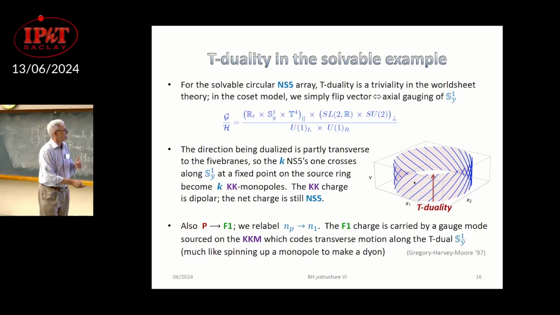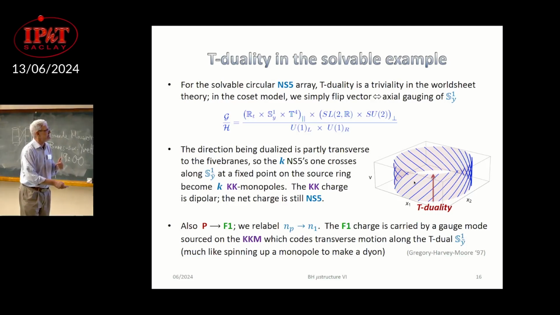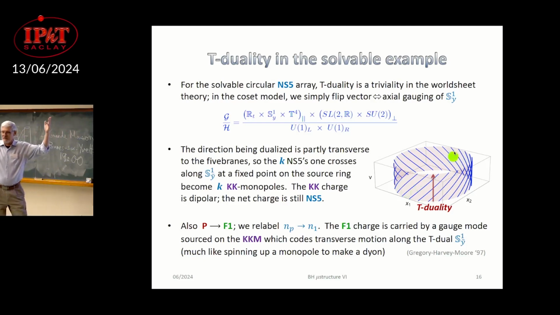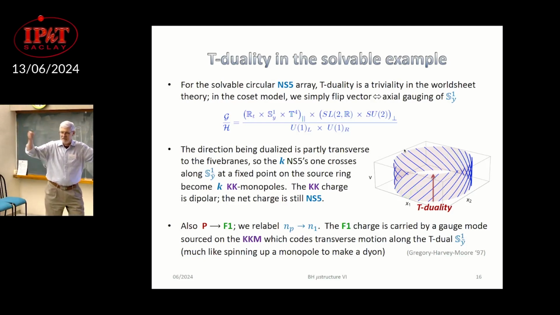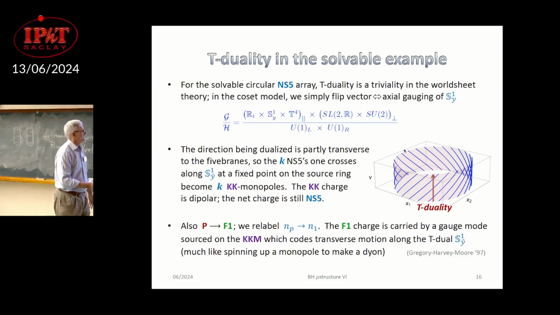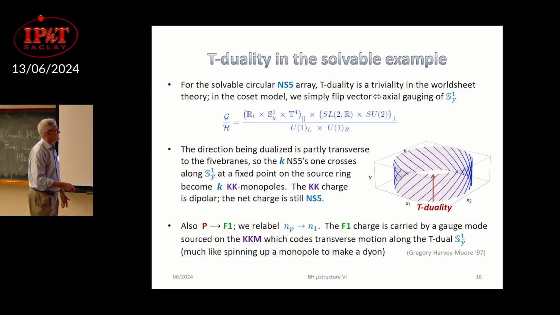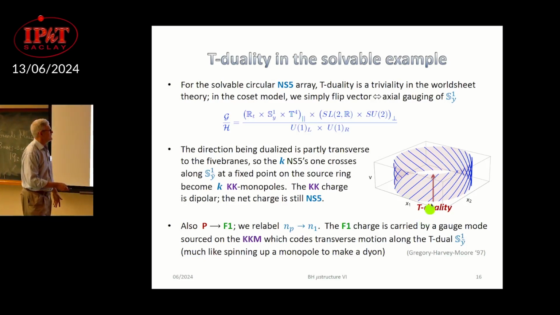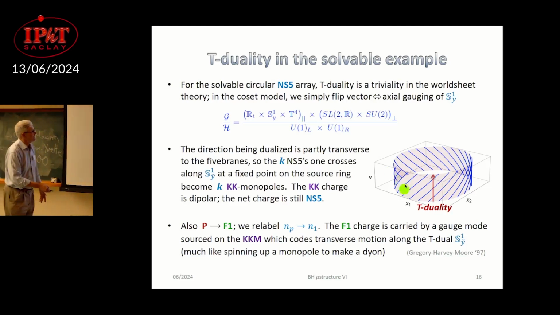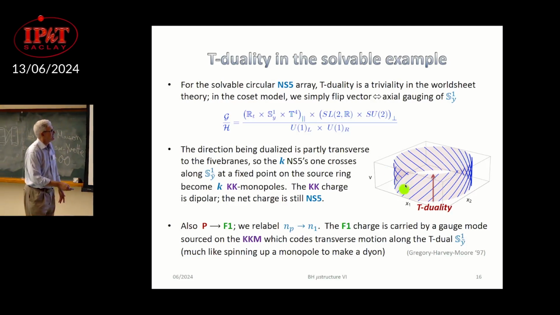And the fibranes stay fibranes because the charge you measure at infinity is still fibrane charge. It's NS5F1, not KKM-F1. And the way to read this is that as you go around this circle, you cross N5 fibranes. As you go this direction, you cross K.